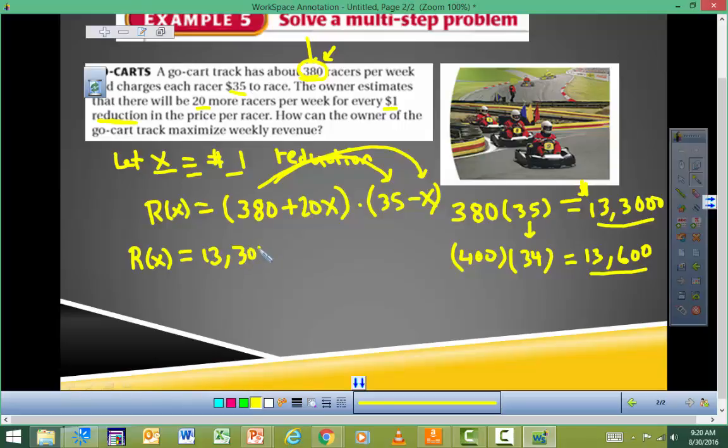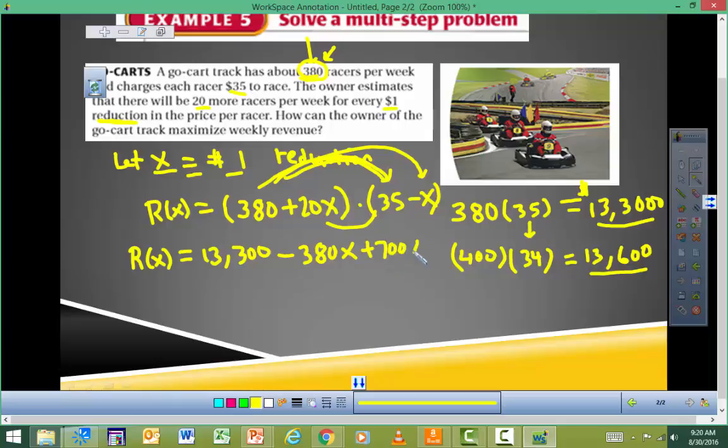Then I do this term times this one, that gives me minus 380x, and then this one times this one, 20 times 35 gives me 700x.